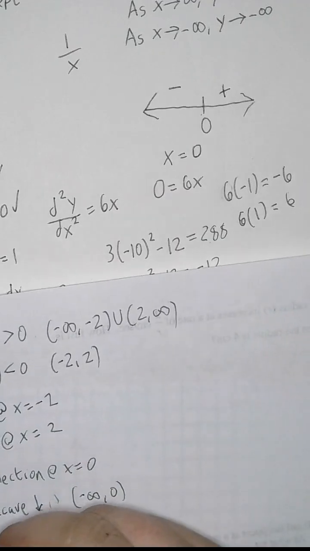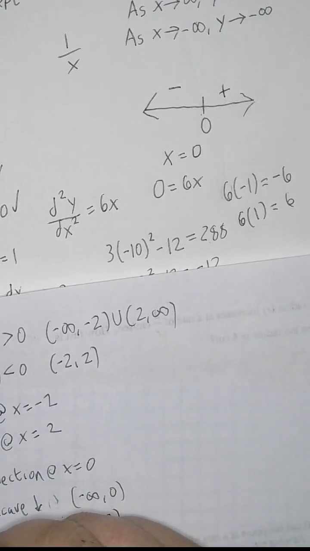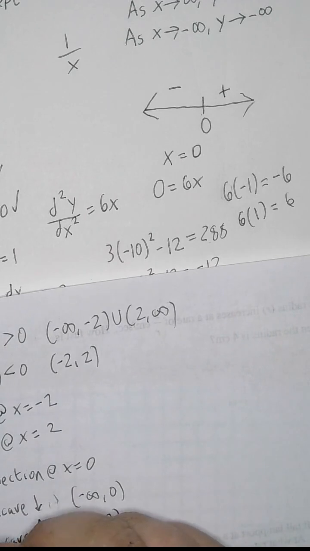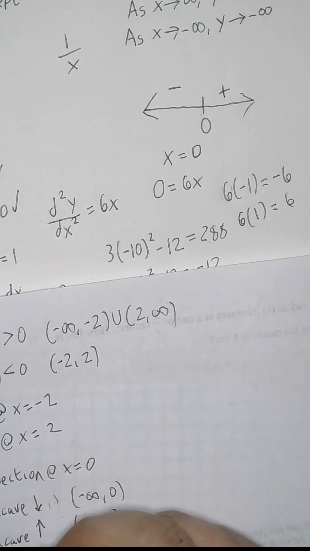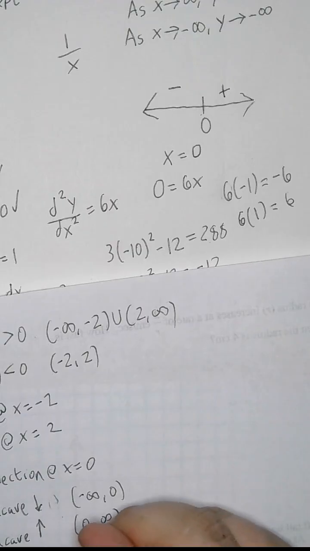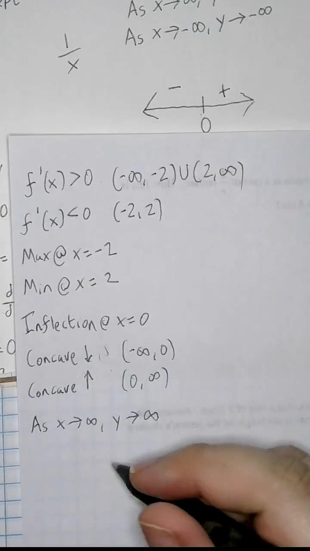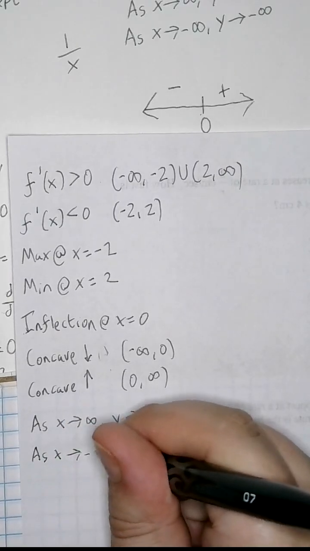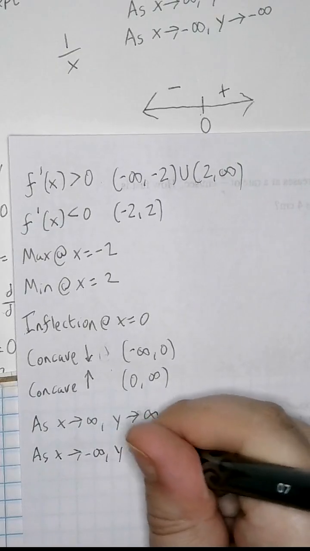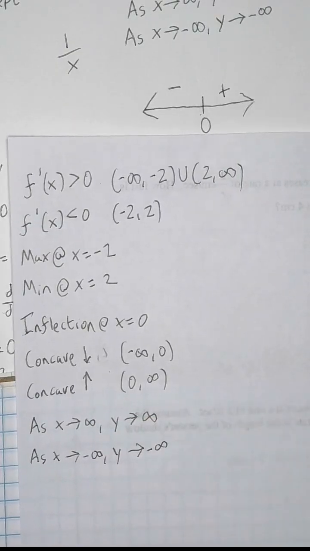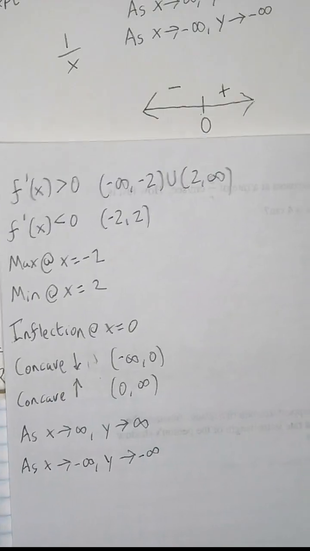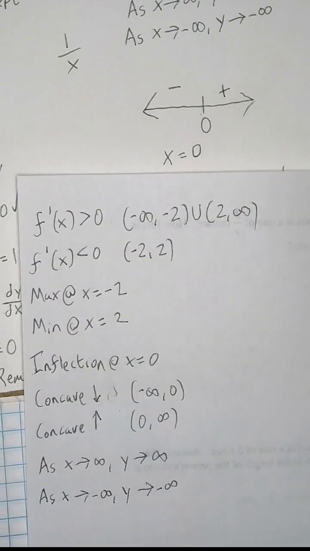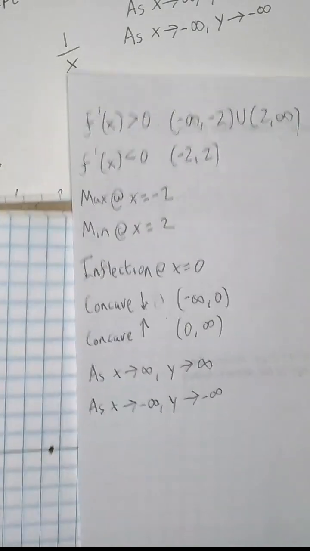We know as x approaches infinity, y approaches infinity, and as x approaches negative infinity, y also approaches negative infinity. So these are going to help me draw my function. So here we go. I'm going to try and follow all these rules.